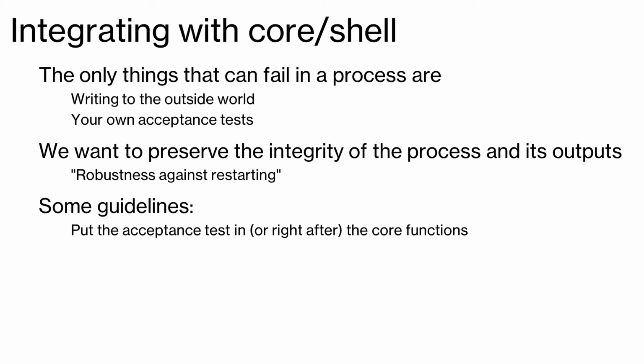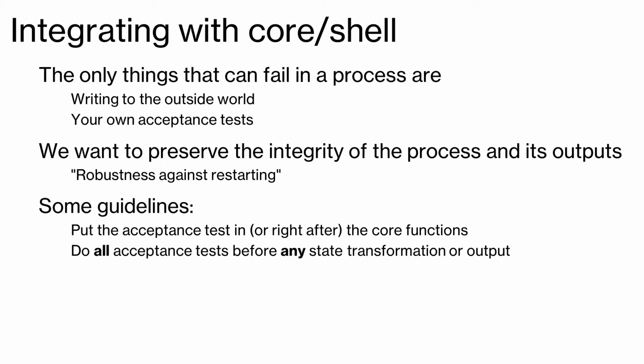And your core functions also return what the output actions should be. So if the core function, again, fails the acceptance test, you don't apply an output action. This prevents it from propagating, and it prevents it from being stored so that your restarting mechanism fails. So do all of your acceptance tests before you apply any kind of output or state transformation.